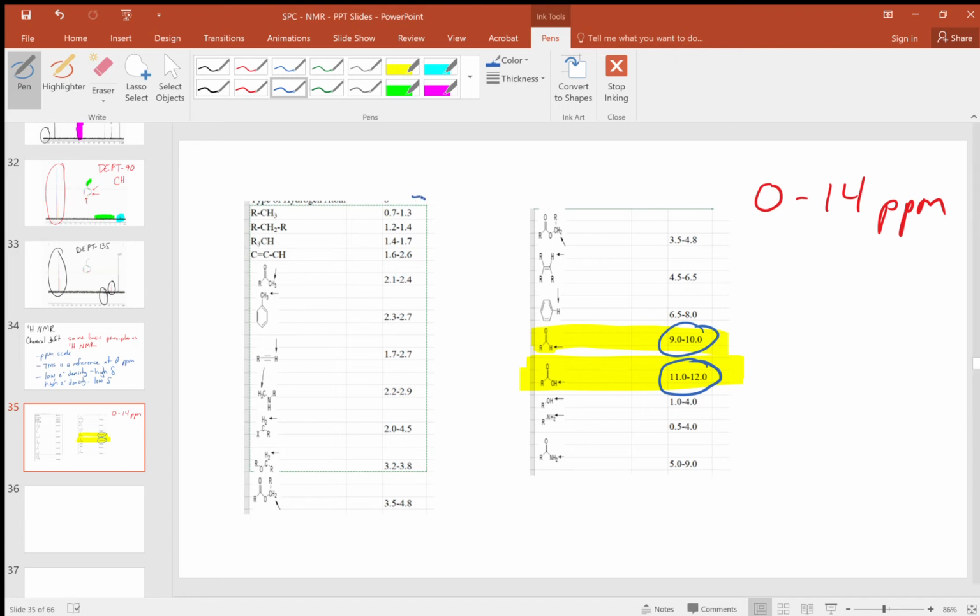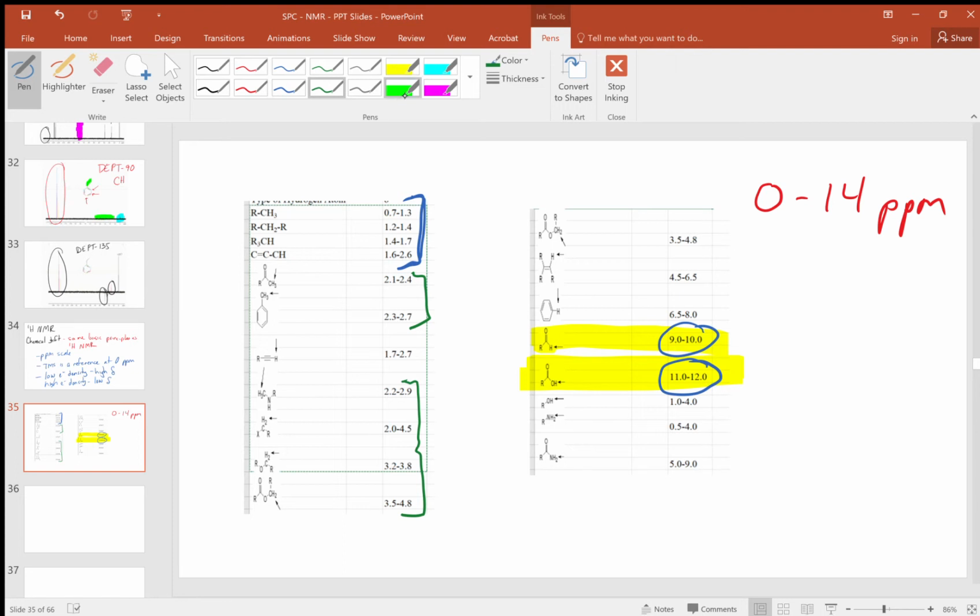Our hydrocarbon peaks are all fairly low chemical shifts, 1 to 2. As we start adding other functional groups nearby, such as carbonyls or aromatic rings, we get above 2 ppm. Nitrogens and halogens will push you up, or oxygens will push you up, 2 to 5 ppm, and so on.